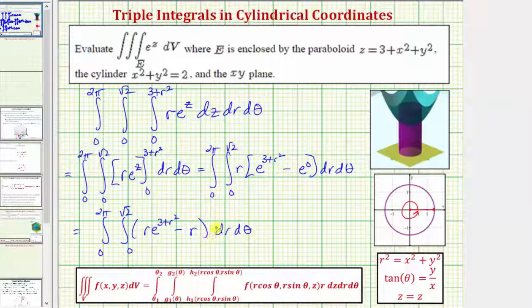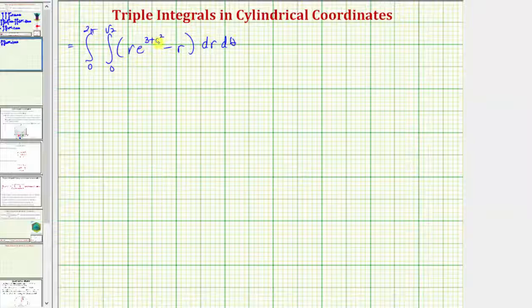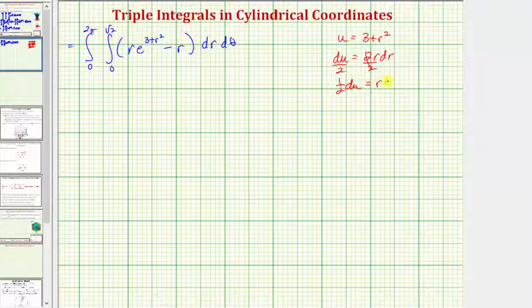And now we integrate with respect to r. Notice how to integrate this first term with respect to r, we do have to perform u substitution, where u is equal to the exponent 3 plus r squared, and therefore differential u is equal to 2r differential r. So if we divide both sides by 2, notice how 1/2 differential u is equal to r dr, which means we can think of r times e raised to the power of 3 plus r squared differential r as 1/2 e to the u differential u.